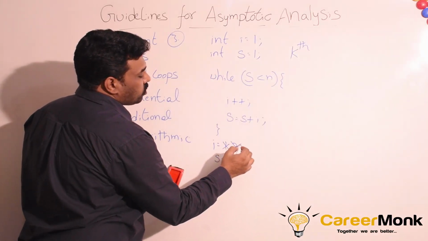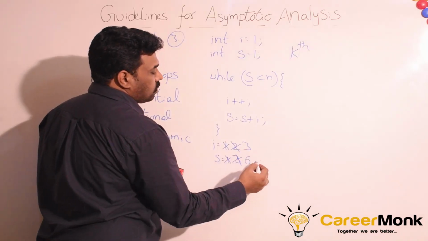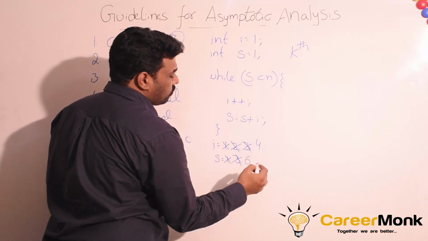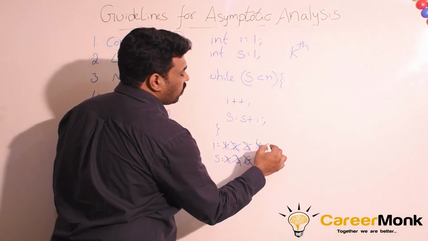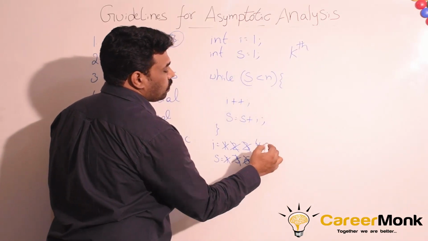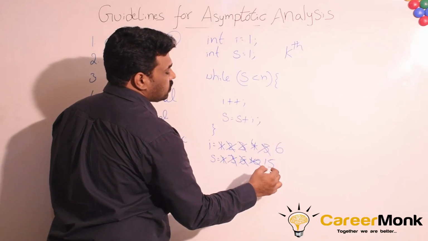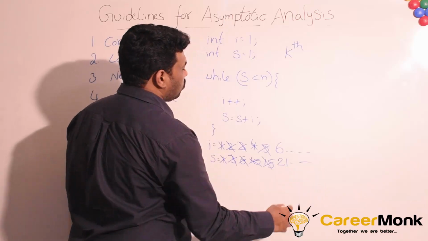In the next iteration, i will be 3, s will be 6, 3 plus 3, 6. It will be 4, 4 plus 6, 10. It will be 5, 5 plus 10, 15. It will be 6, 6 plus 15, 21.